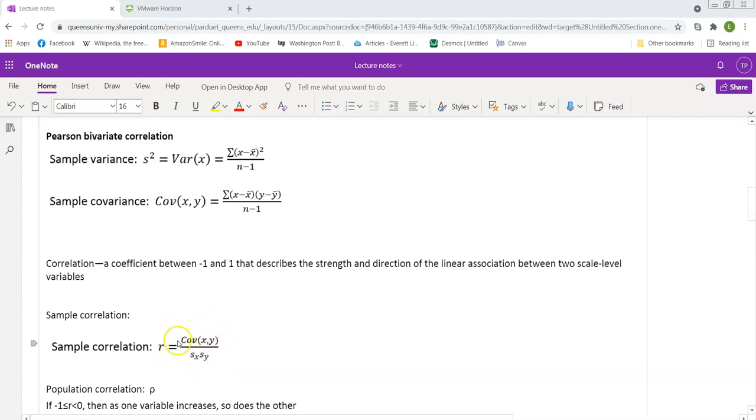So this is the variability, but scaled so that it's on a scale between -1 to 1. All right, and this describes both the strength and the direction of any linear association that would exist between those two variables.